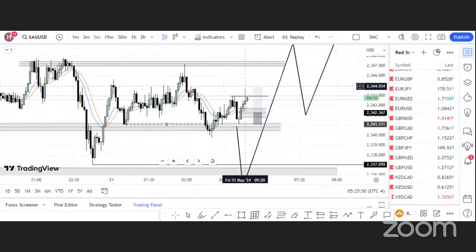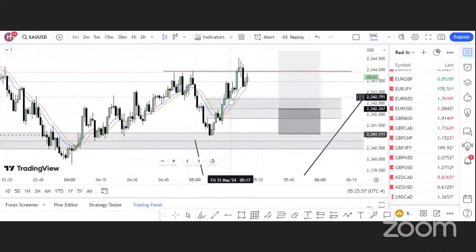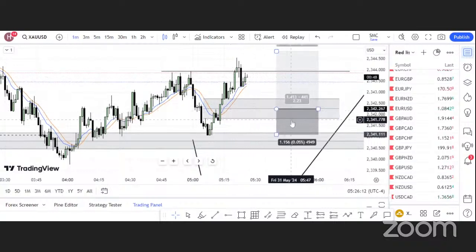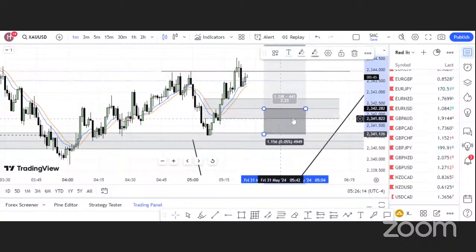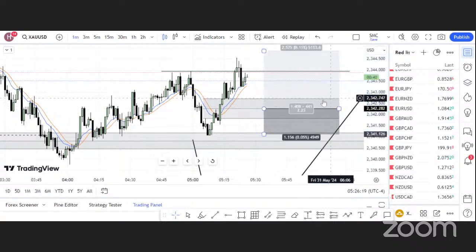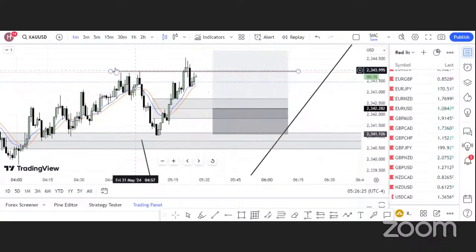All right. So let's switch to the 1 minute time frame. So on the 1 minute time frame, we want the market to come down to our point of interest here. This is where we are looking to open a buy position from.